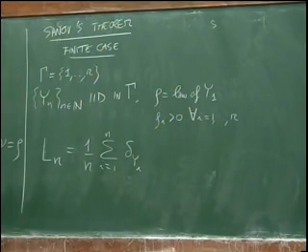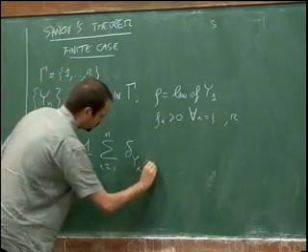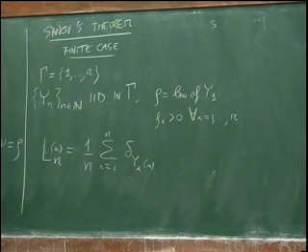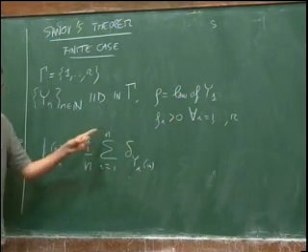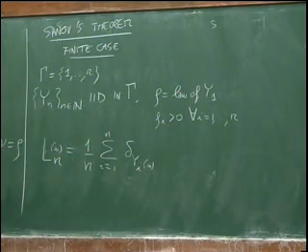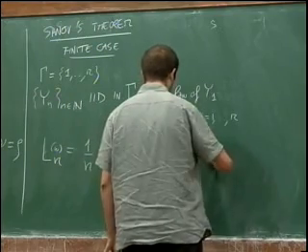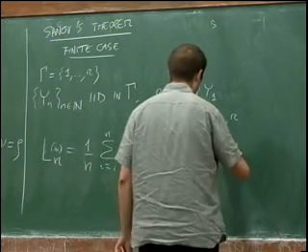What do I mean by this? Say fix ω, and this is the Dirac mass at some point. So a Dirac mass is a probability. You make a sum of n probabilities, you divide by n, you get a probability. This is a random probability on Γ.